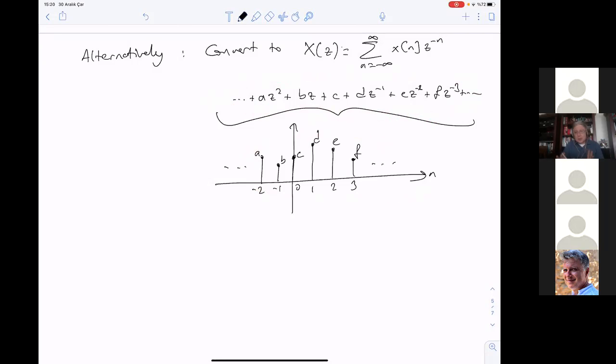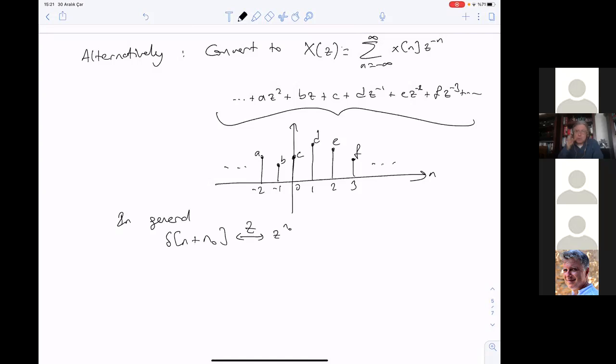Because this also gives us a general way that, in general, delta n plus n0 has a z transform corresponding to z to the n0. Okay, so if you shift to the left by n0, it means you are multiplying your z transform by z to the n0.